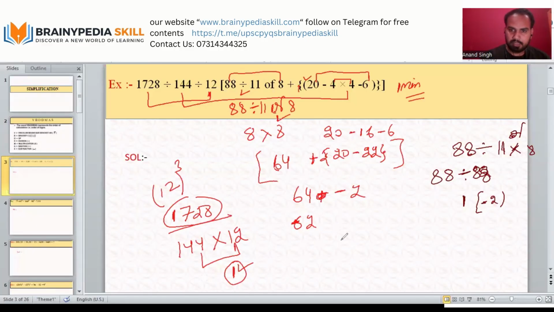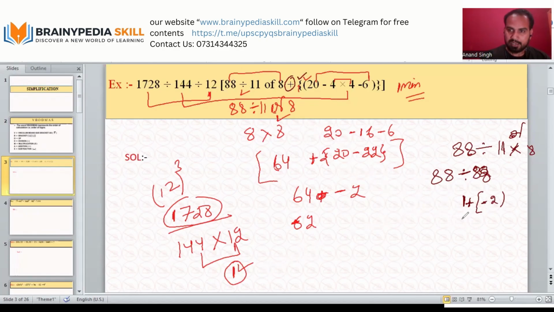So okay, we have done with the question, right? If you look here, we have the sign of plus, so that is going to be the plus sign, right? And after removing the square brackets, now the curly brackets.